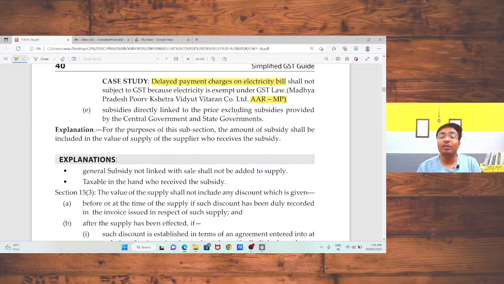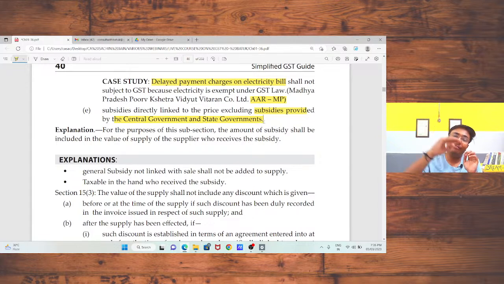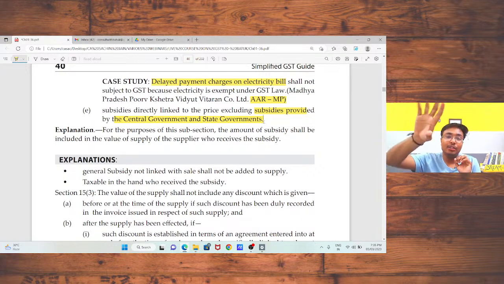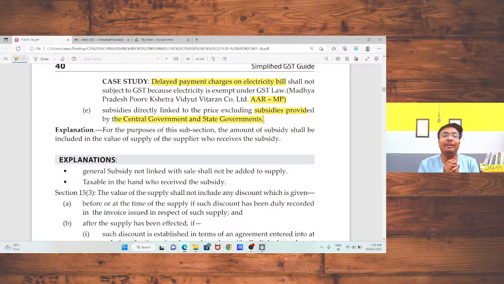Subsidy directly linked to the price, excluding subsidies provided by the central government or state government. If you got any subsidy from your supplier, you need to adjust that subsidy in the value of supply. For example, my selling price is 20,000 rupees and I got a subsidy of 500 rupees.